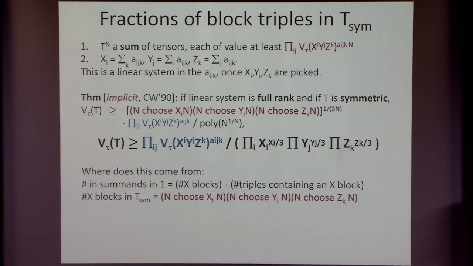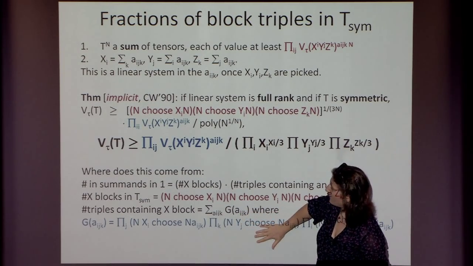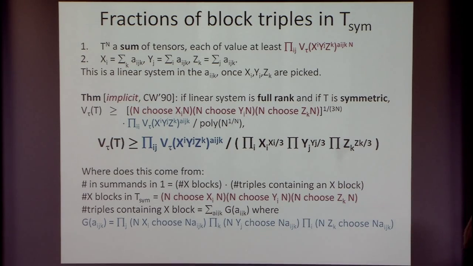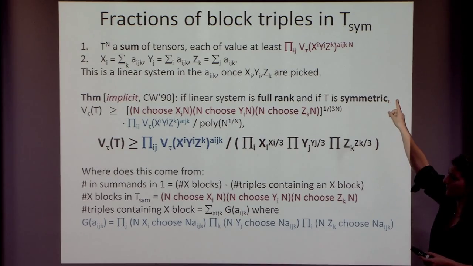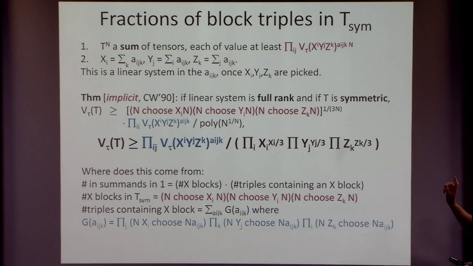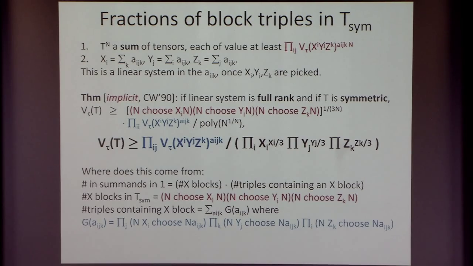So this is what the red part is, and there's some portion here that is lost by the analysis, which is the number of triples containing an x block. So what the analysis of Coppersmith and Winograd does is it takes the original number of sums, and the number of triples that actually remain after zeroing out is only the red part. The blue part is the loss that you suffer.